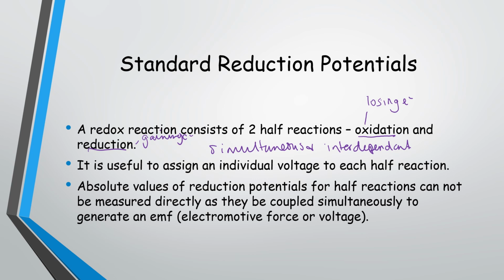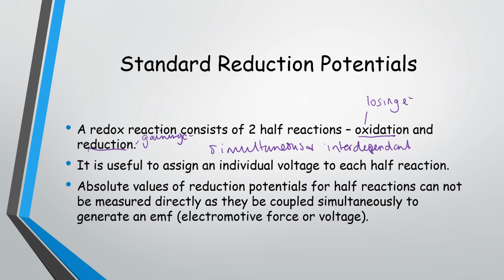Now, a potential difference occurs between each half reaction, and this is sometimes called the electromotive force or EMF. It's actually more commonly referred to as a voltage. And this happens because it's energetically favourable for the electrons to be in a lower energy state.